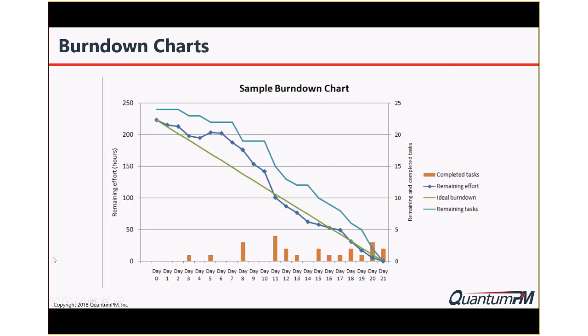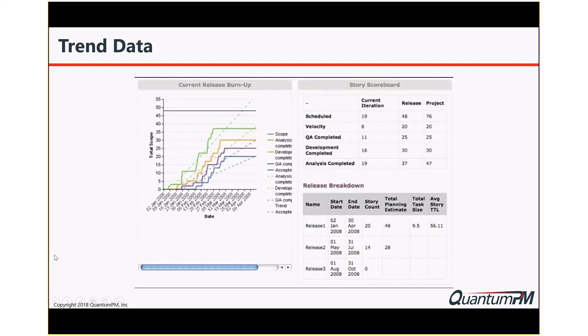So it's one version of it. There are lots of other versions of how you do this. I find these kind of interesting because they help you understand a bit more about your agile work and the way that things can trend over time. So here's a burn up model rather than a burn down, showing how many things are being accomplished in a particular amount of time. On the right hand side, you see the story scoreboard.